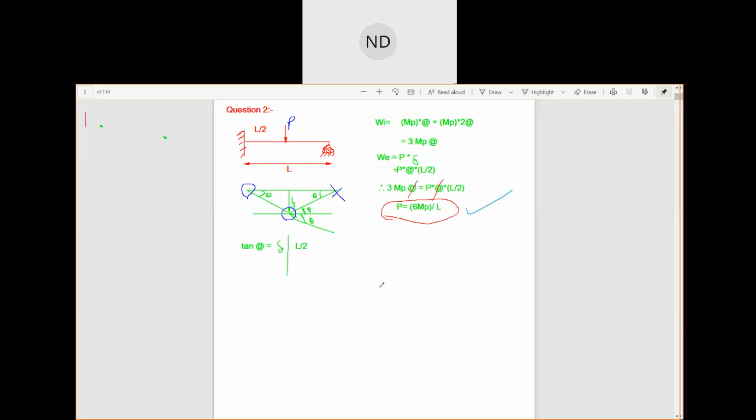Now we'll take another question. This was a simple question, just basic, for when you have a fixed support and a hinge, and the load is at the center, then this is simple and easy to do. Calculate this collapse load.